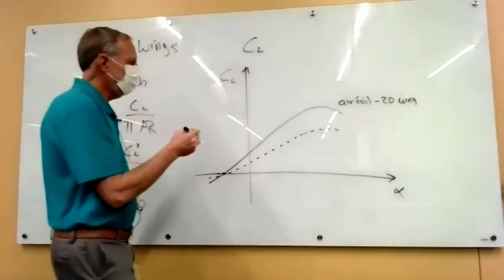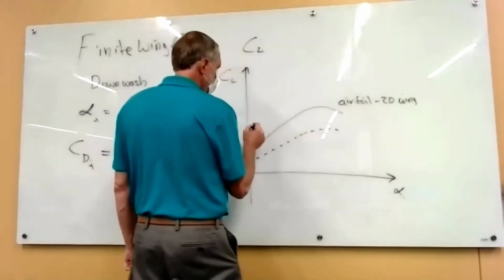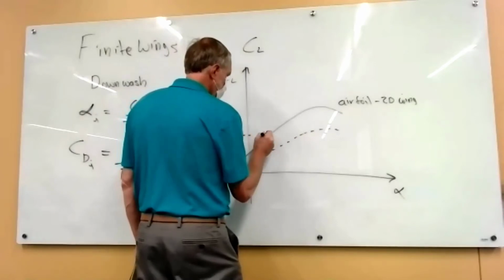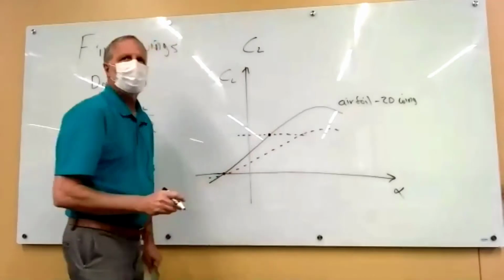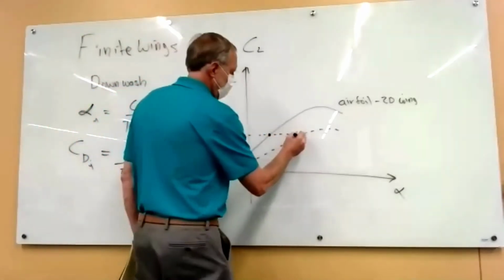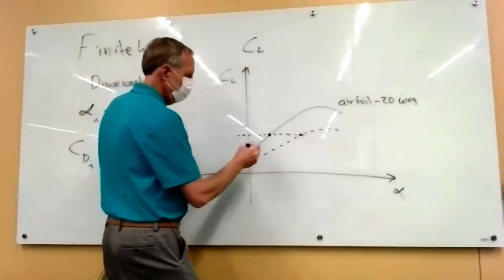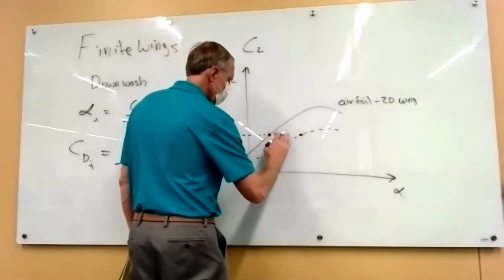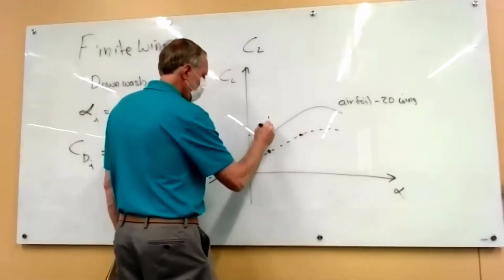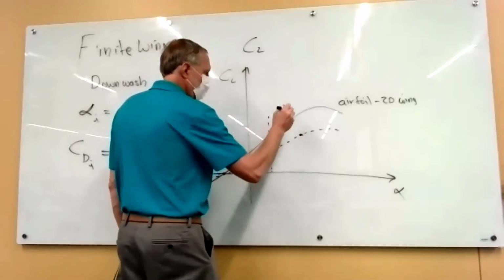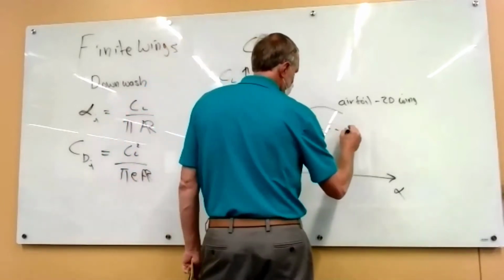But if you go up to an angle of attack where we're producing lift across here, you can see that the airfoil has more lift than the finite wing for the same, sorry, I should be doing the other direction. Compare it for the same angle of attack, infinite versus finite wing.